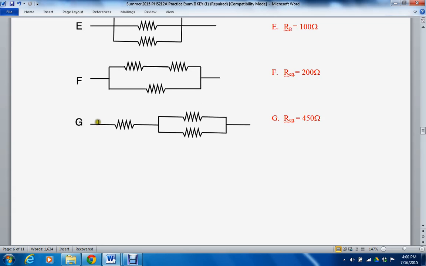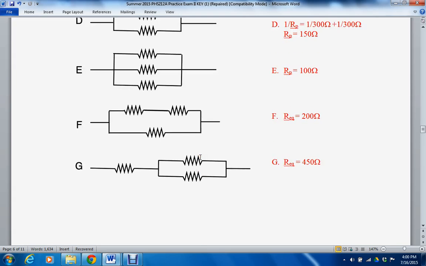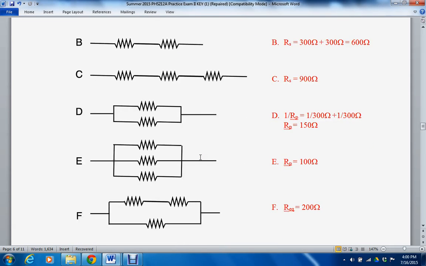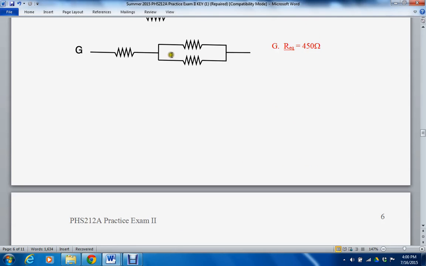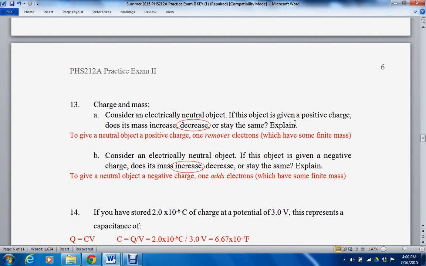Here I have one thing in series with this pathway in parallel, so 1 over 300 plus 1 over 300, I think we did this one already, is 150 ohms. The 300 is 300 ohms, and those are in series with each other, so 300 ohms plus 150 ohms equivalent resistance gives us 450 ohms. I like that question.